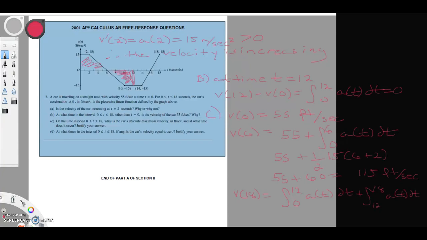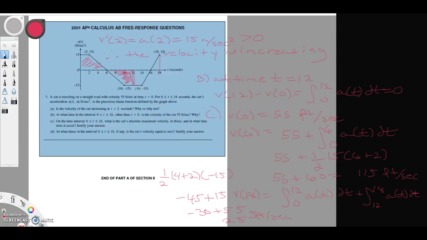It's going to be greater than 0, because if you actually figure out the area, let's figure it out so we're not guessing. 1/2 times 4 plus 2 times negative 15 is negative 45, plus the area of this, which is half of 2 times 15, so 15, which is negative 30, plus the 55, which is 25 feet per second.